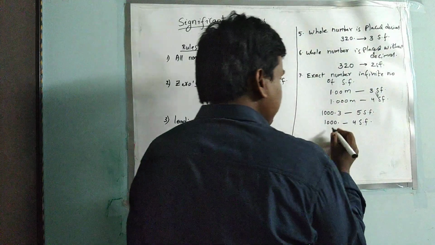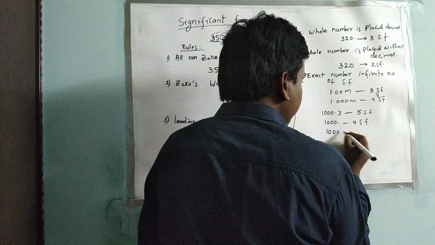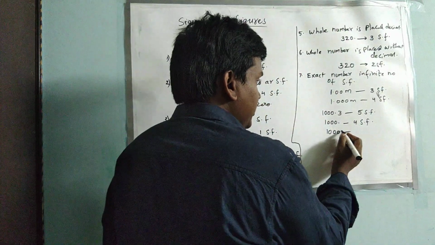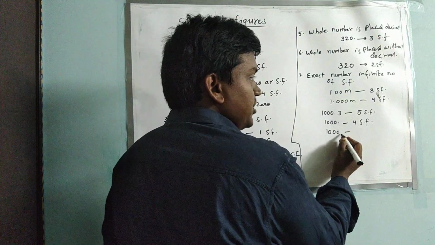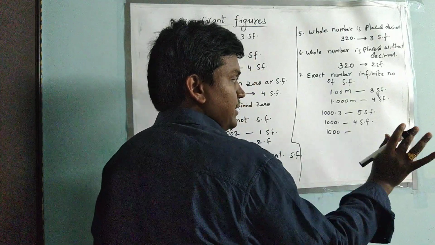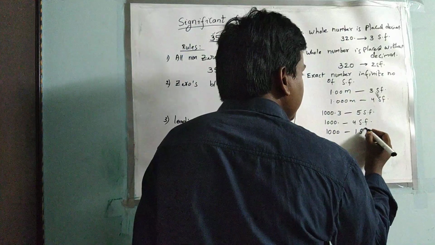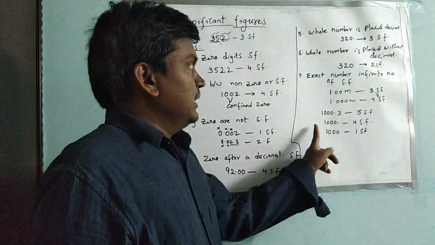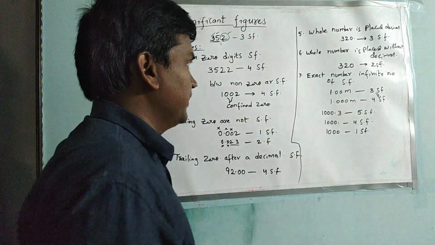And the same number without a decimal: these are zeros and no non-zero number is here and no decimal also, so only 1 significant figure comes. This is about an exact number.